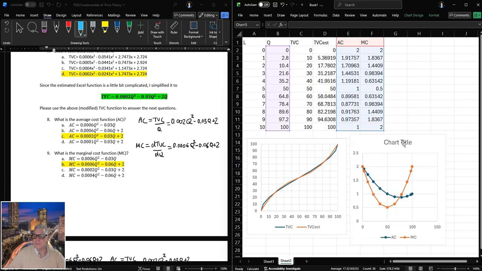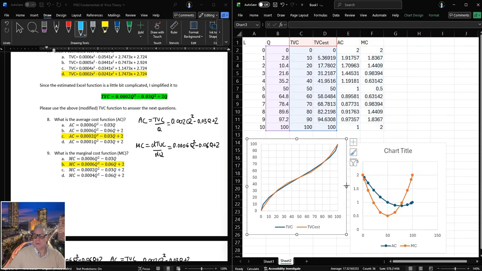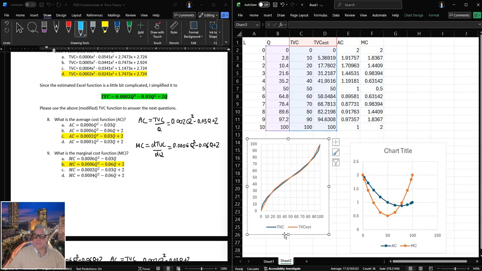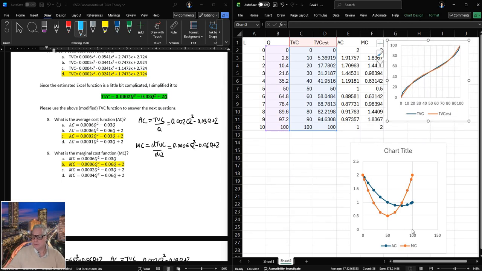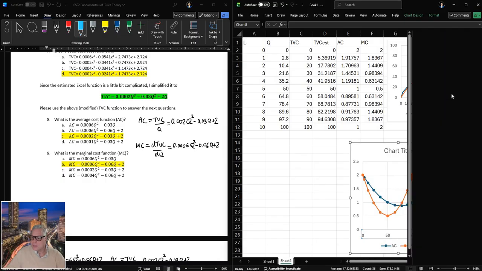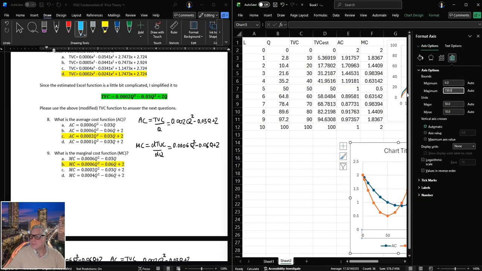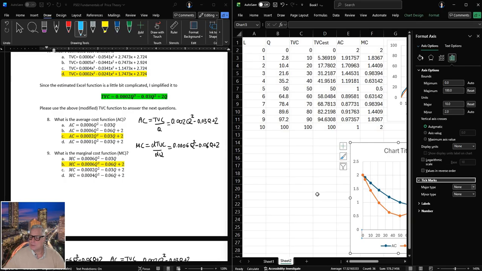Okay, so we can put them actually underneath each other. So let's format the axes again the same. Tick marks.